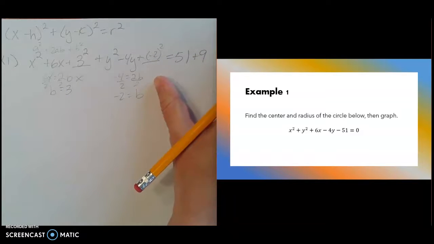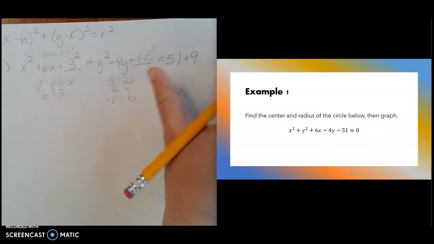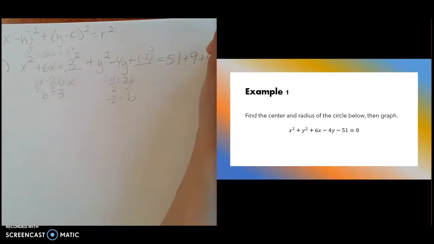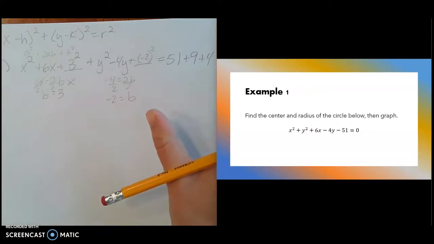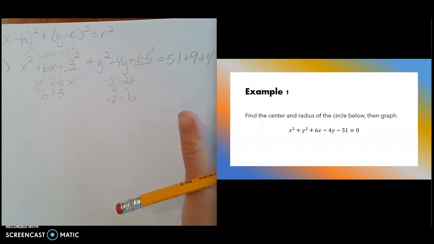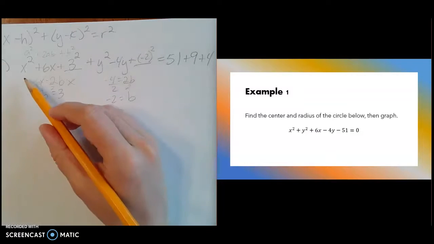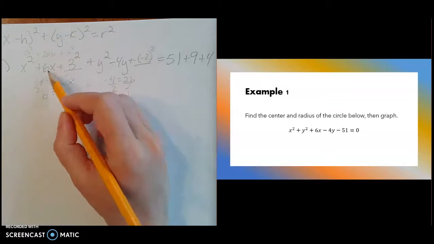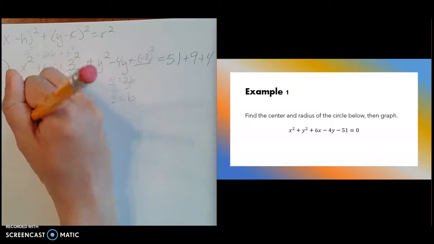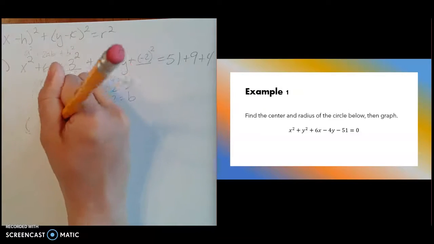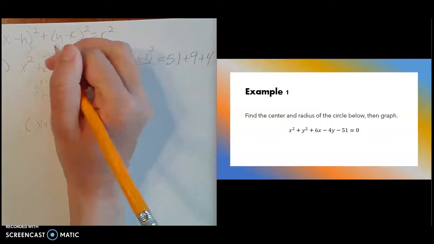And yet again, I can't just do it on the left side and think it's going to stay in balance. So I'm going to have to do the same thing on the right side just to keep my equation in balance. Okay? At this point, I can factor really nicely. The x squared plus 6x plus 3 squared is going to factor as x plus 3 squared. It's like a plus b squared to get here.